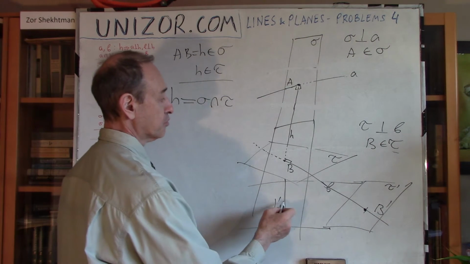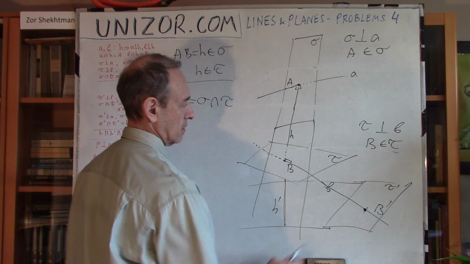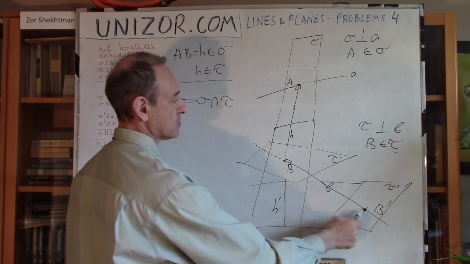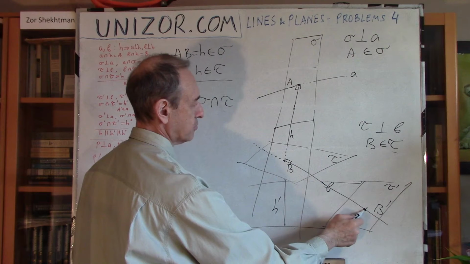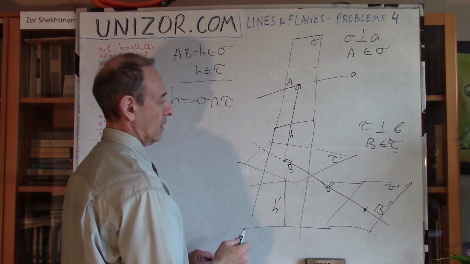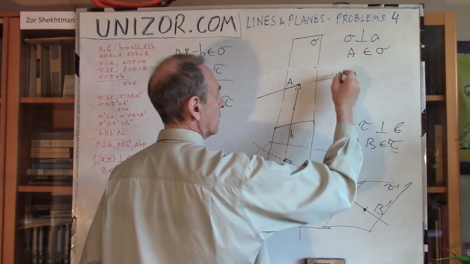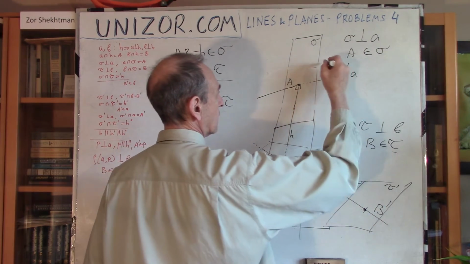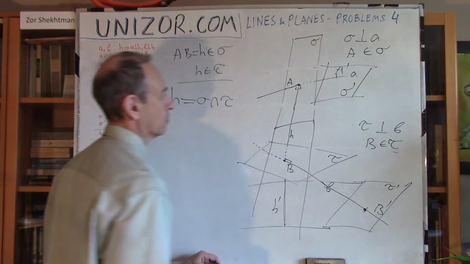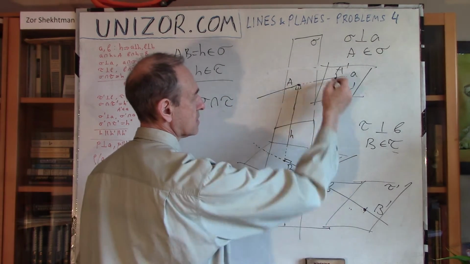Now, this H prime will be an intersection between this plane and this plane, which means it should be perpendicular to this line at point B prime and perpendicular to this at point A. But I don't know point A either. So let's choose any other point A prime and have a different perpendicular plane sigma prime at this point, and again intersect it with this tau prime.